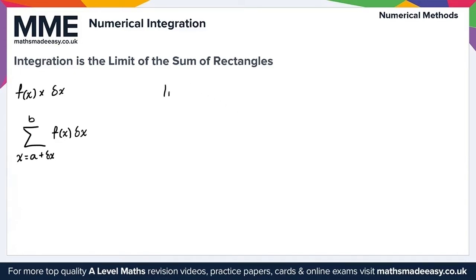So this is the limit as delta x tends to 0 of the summation, again, where x is equal to a plus delta x up to b is our upper limit, of f of x delta x, and this is equal then to the integral from a to b of f of x with respect to x. Okay, so that gives us everything we need there for integration as the limit of the sum of rectangles, and that concludes this Maths Made Easy video on numerical integration.